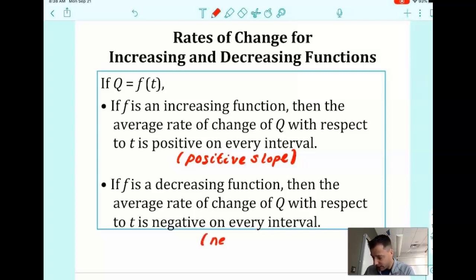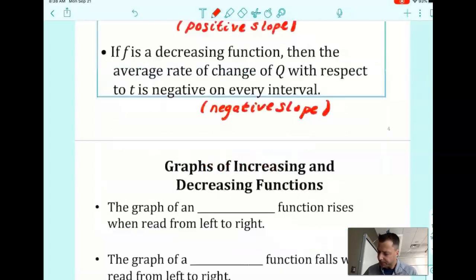It's downhill. The slope will be negative. The rate of change will be negative over that interval. Those are a couple key things to relate average rate of change, or the rate of change, to increasing and decreasing functions.